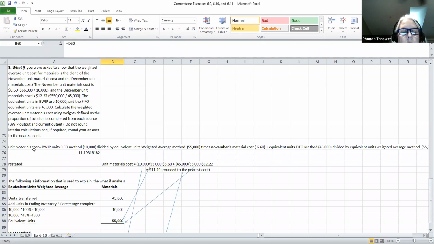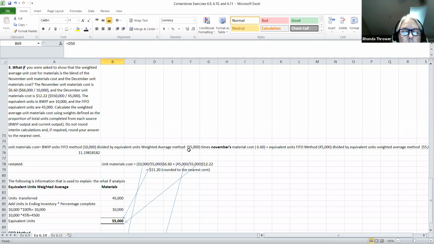Now, this is a long formula of what they're doing here. They're taking their beginning work in process units, using the FIFO method, which was 10,000, that was given to us, divided by the equivalent units of the weighted average method, which is 55,000.